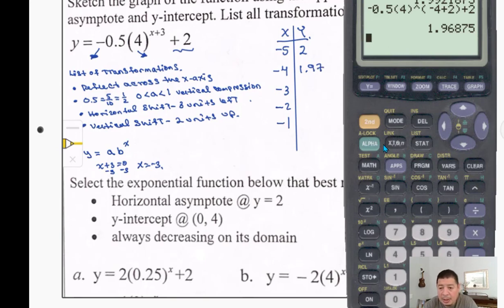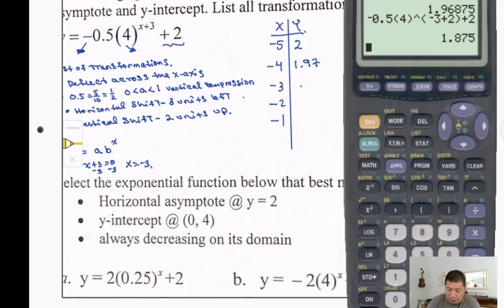Okay, and then I'm going to go ahead and repeat that process. I'm going to navigate to my -4. This time I'm going to select -3. And so I'm going to end up with 1.88.